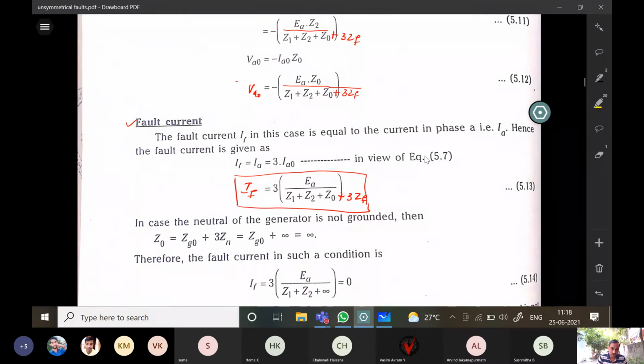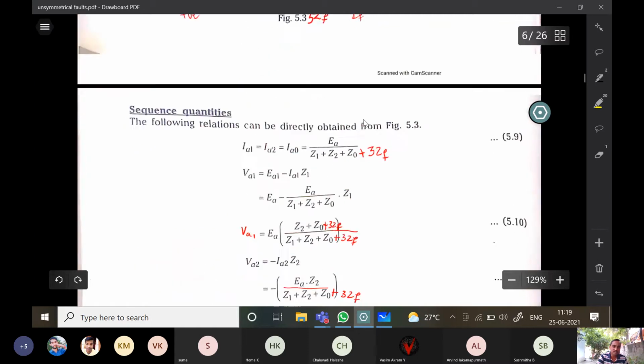And if Z0 is infinity, then IF is equal to 0. That is the same, Z2 plus Z0 plus 3 times ZF is infinity, so IF is equal to 0. This is the same. So this is the derivation. The only modification of the fault current is plus 3 times ZF. That is the only thing we need to change in the first derivation.